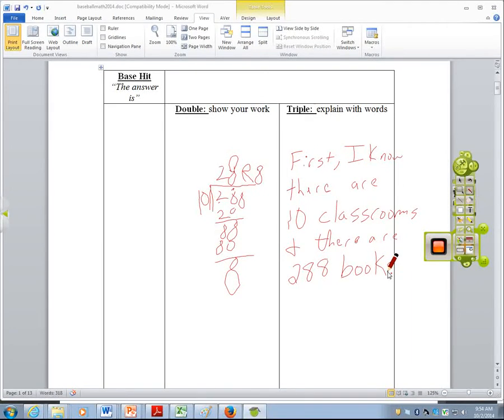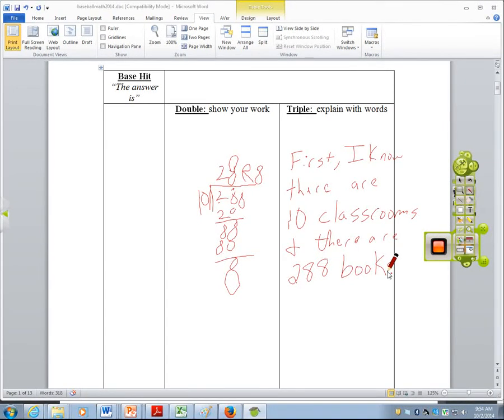Are there words in this problem that tell you it's going to be a division problem? There are secret clues in the question that tell you it's division. Do you know what it is, Emily?